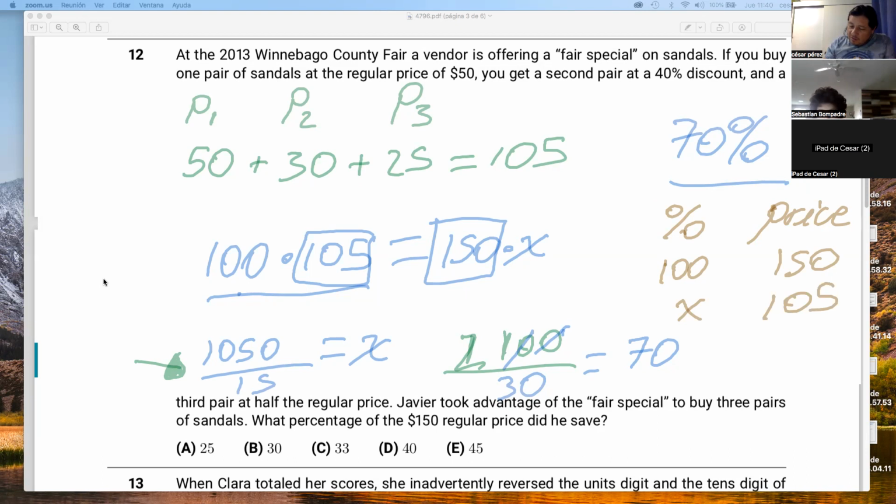So if this is a percentage, the answer must be a percentage. Okay, do you understand the idea? If he paid 70%, he saved 30%. The answer is 30. Okay? Do you understand the idea?